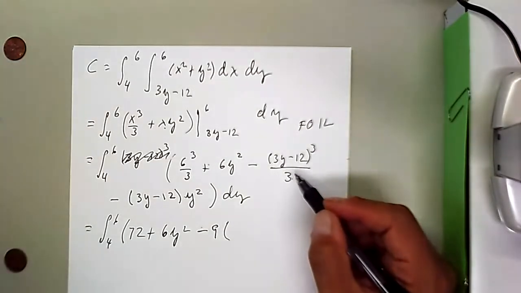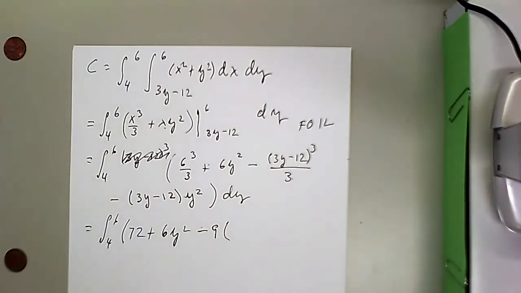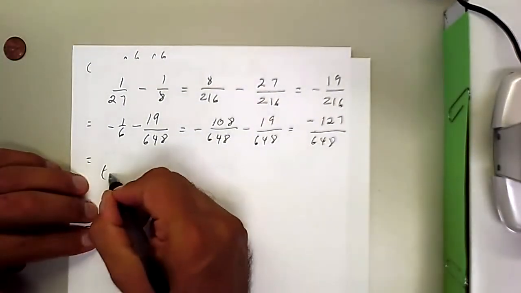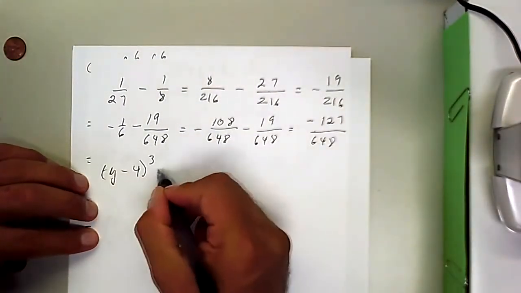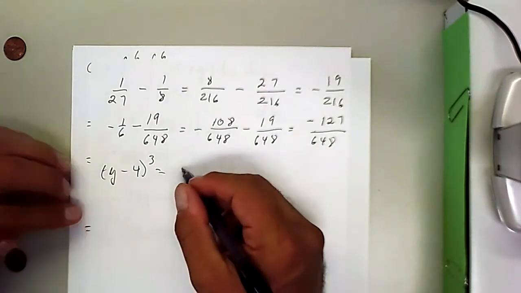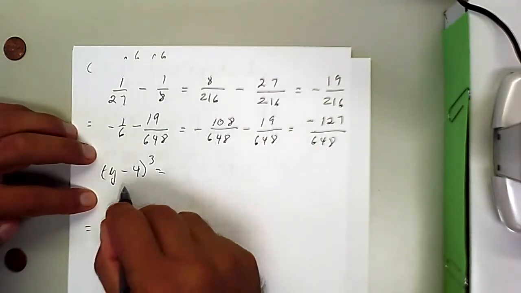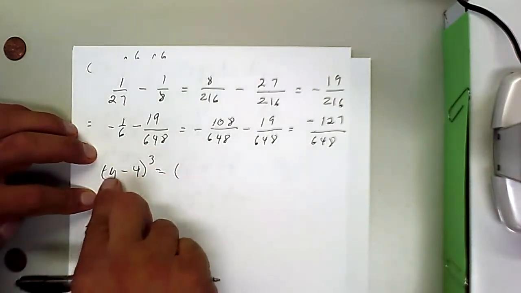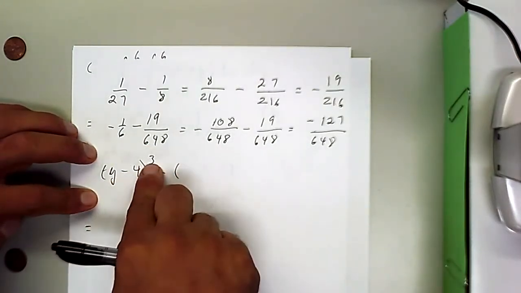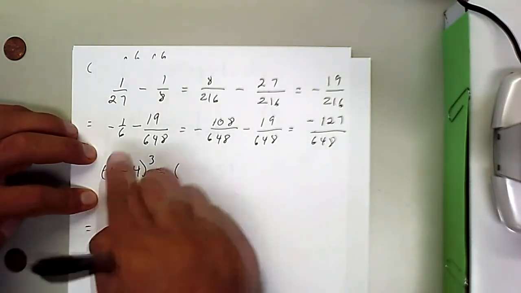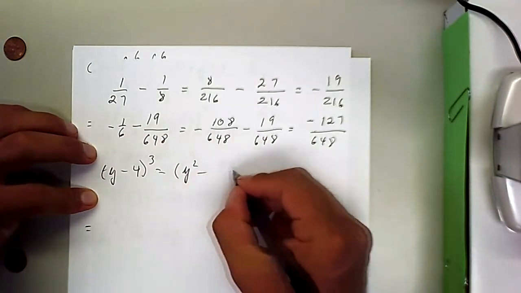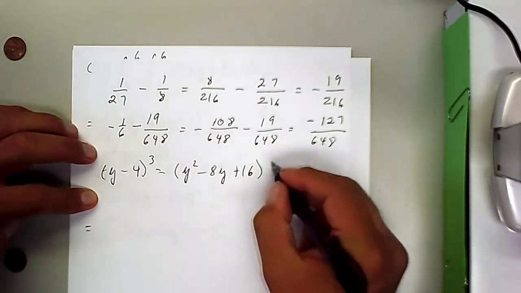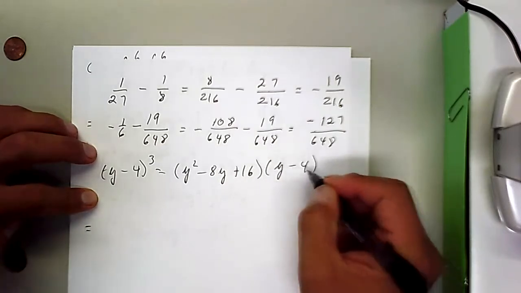So I'm going to show you here on my sheet of little computations, y minus 4 cubed. You probably want to pause because you want to multiply. I can just show you. So if you multiply 2 of those factors, y minus 4, you end up with y squared minus 8y plus 16. But then we got to multiply by y minus 4 one more time.